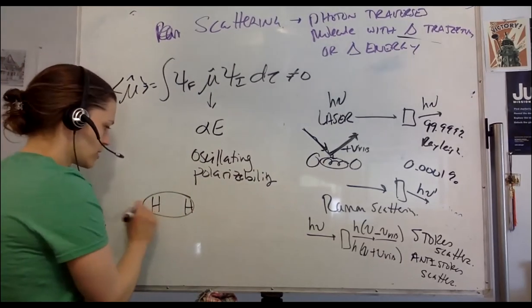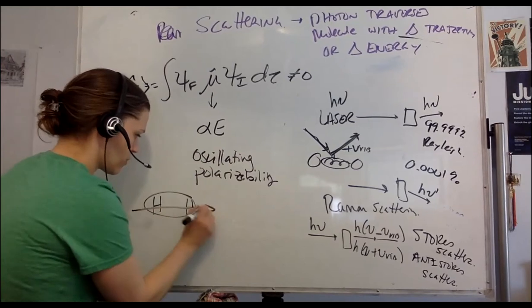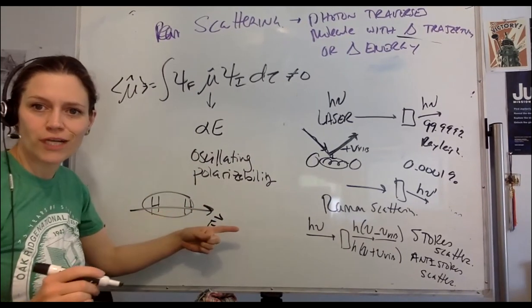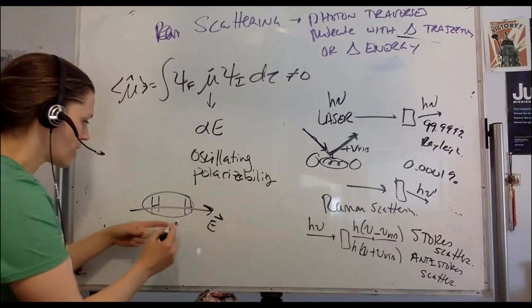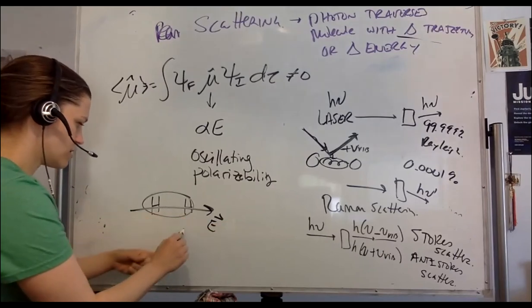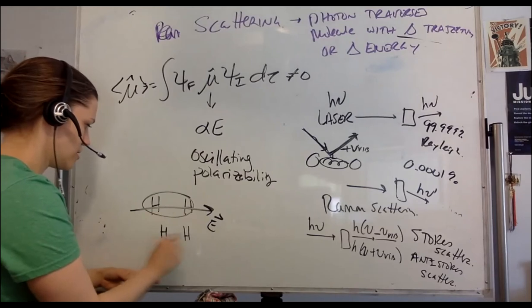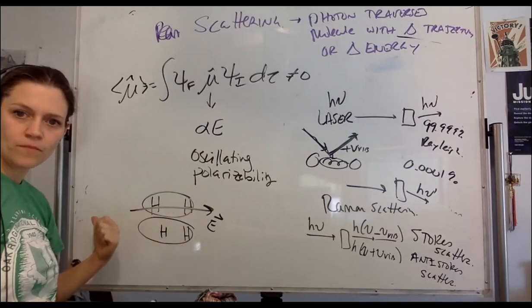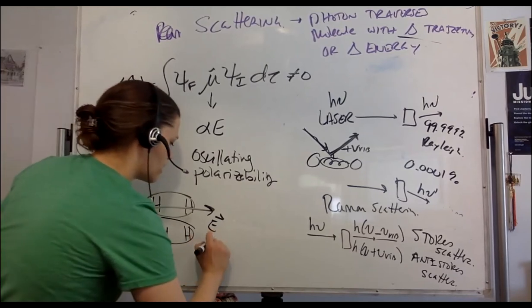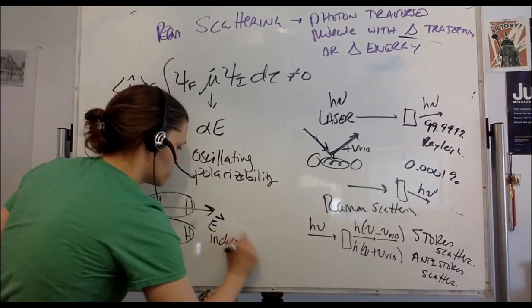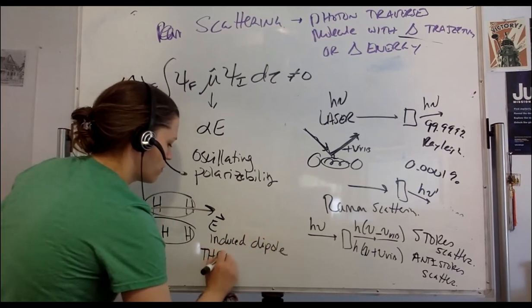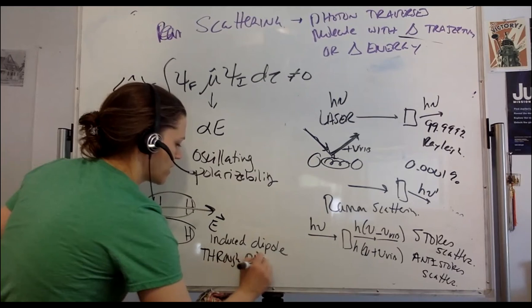But if we put this across an electric field, electric fields are always drawn in the direction that the positives would go. So if I draw this hydrogen, its electrons would scooch that way. Go team. So we have caused an induced dipole through polarizability.